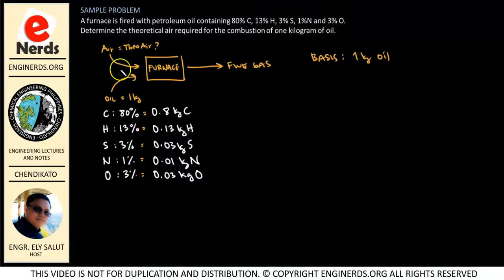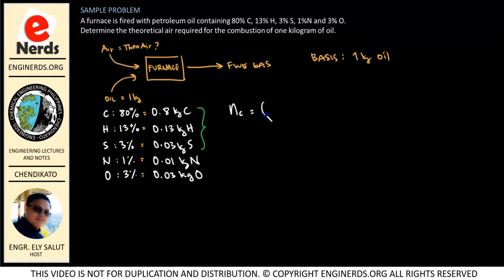Now, since we'll be doing a combustion reaction dito, we will be using yung number of moles ng ating mga components, di ba? So, we need to get kung ilang kilogram moles meron tayo dito sa ating petroleum oil. Okay? Or dito sa ating fuel. But we have to take note, ano-ano ba yung mga combustible materials natin dito? So, our combustible material are carbon, hydrogen, and sulfur. So, let us see what is the number of moles of carbon.